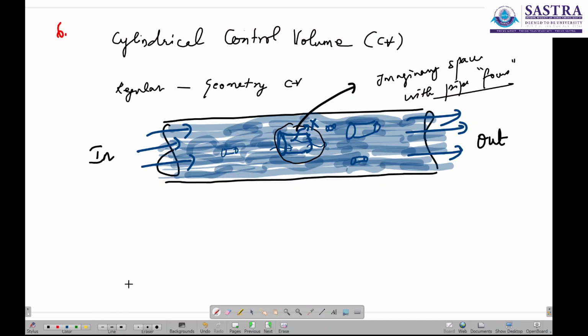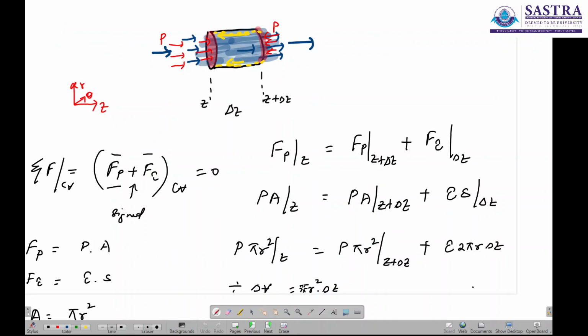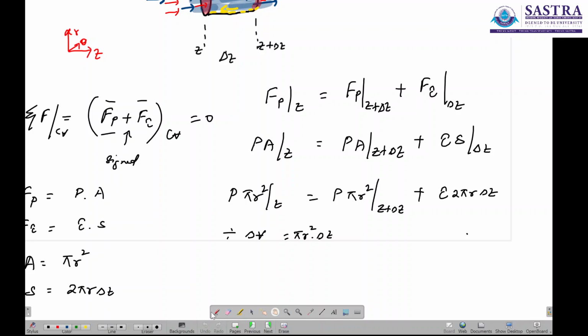That's what we mean by dividing by the volume, and we are fictitiously making this control volume shrink to zero. We represent this mathematically as limit delta v of that variable goes to zero, and that's what we are going to do.